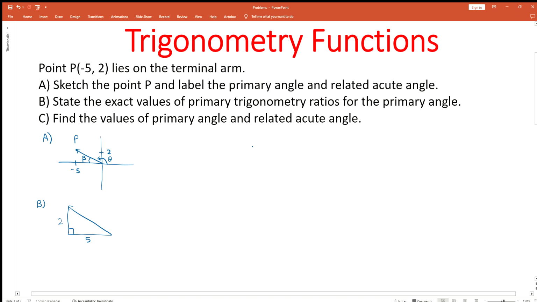In order to find the exact values of the primary trigonometry ratios, we should find the length of the hypotenuse in this right angle triangle. For that, we should use the Pythagorean theorem equation. The equation is c squared equals a squared plus b squared. In this equation, c represents the length of the hypotenuse, a and b are the lengths of the other two sides in the triangle.